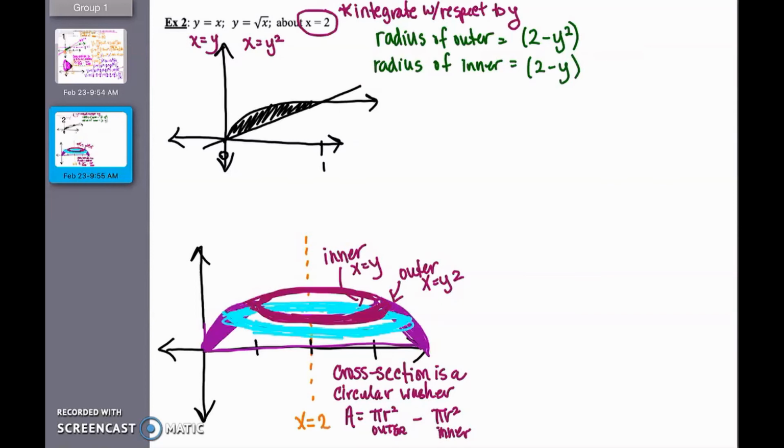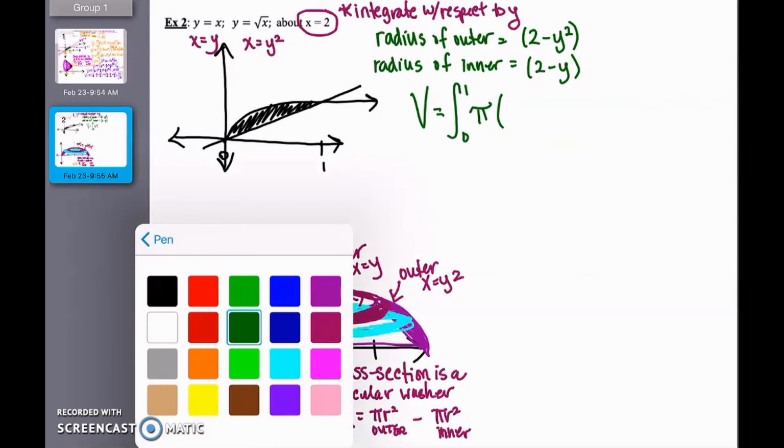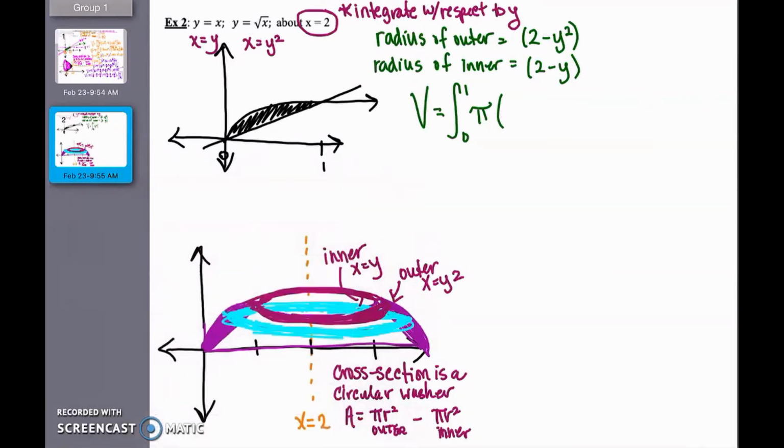All right, so let's build our volume equation. The volume is going to be equal to the integral, still from 0 to 1, of pi times the radius squared. And sorry, I should point out, the reason the limits of integration didn't change is because now we're talking about the y-axis.